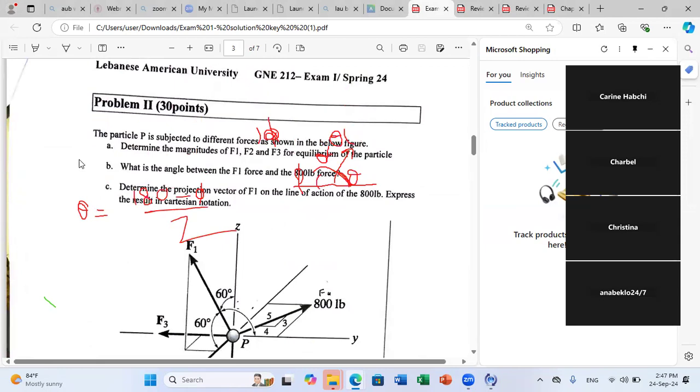Let me check. In Part C it determines the projection vector of F1 on the line of action of the 800 lb force. So after we get the projection component, we multiply by the unit vector of FU. Okay, sure.